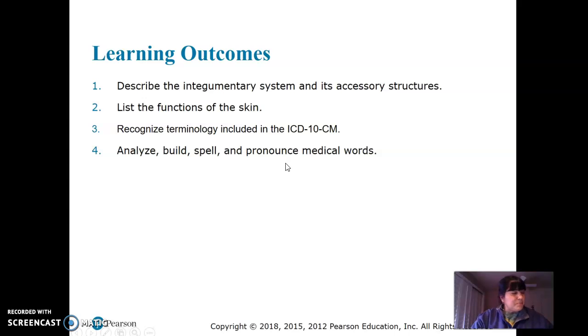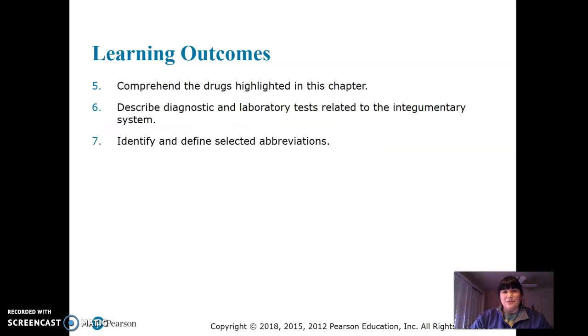So there's a really big section that talks about disorders of the skin, and I want you to look at it, and maybe what I'll do is I'll have a little list of the things that I'd like you to know, because it is pretty exhaustive. All right, drugs highlighted in this chapter, so things to help with skin, diagnostic laboratory tests, and some abbreviations.